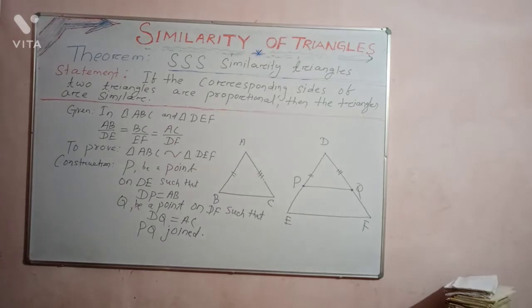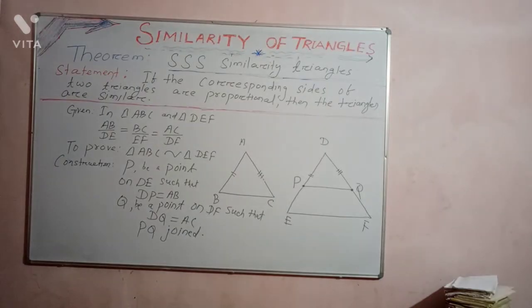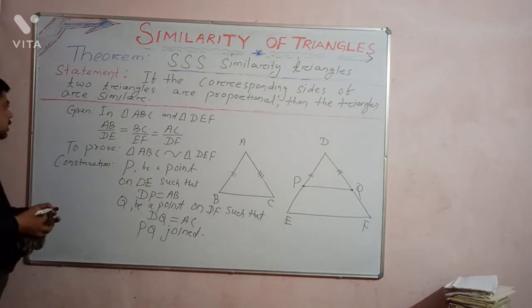So this is the construction, the same construction as in the angle similarity theorem. Here we are using the same construction to prove the similarity of triangles under the criteria of side similarity of triangles. Let's see how to prove.